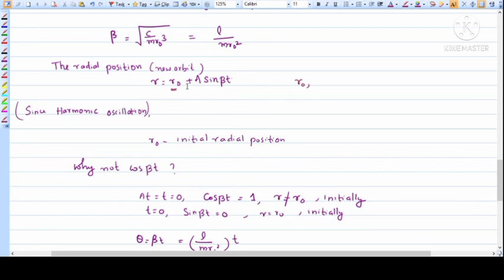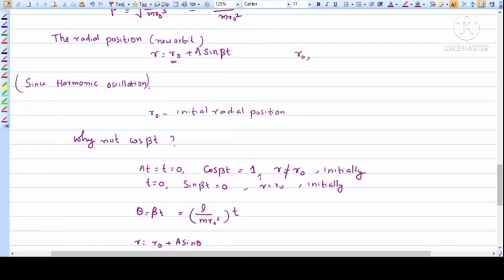The initial position is r0 only. So that's why we omitted cos beta t. And when you use the sin beta t term, at t equal to 0, sin beta t is equal to 0, and r is equal to r0 initially. That's why we have taken a sin beta t term here.